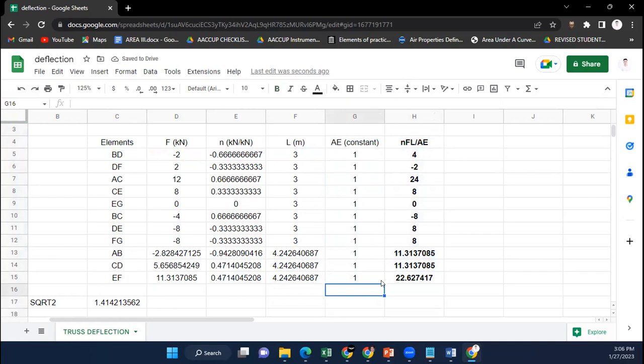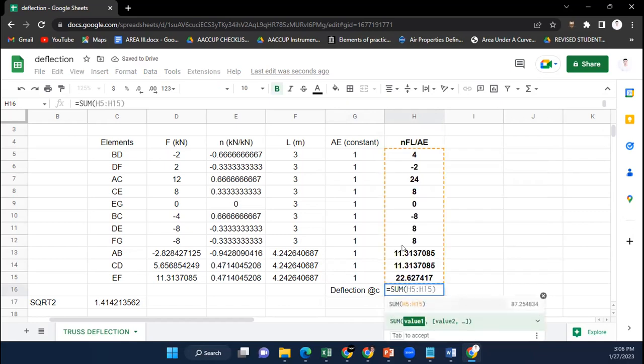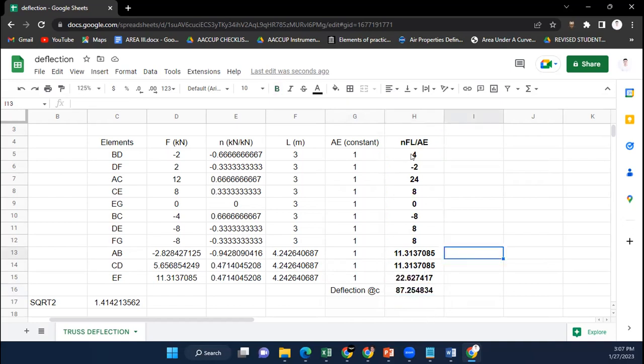Now, ang hinahanap is summation, which is the deflection at C. No? Kung saan natin nilagay yung virtual load. So, sum lang naman. Sum. Okay. So, ang sagot is 87.25 or 80. Okay?